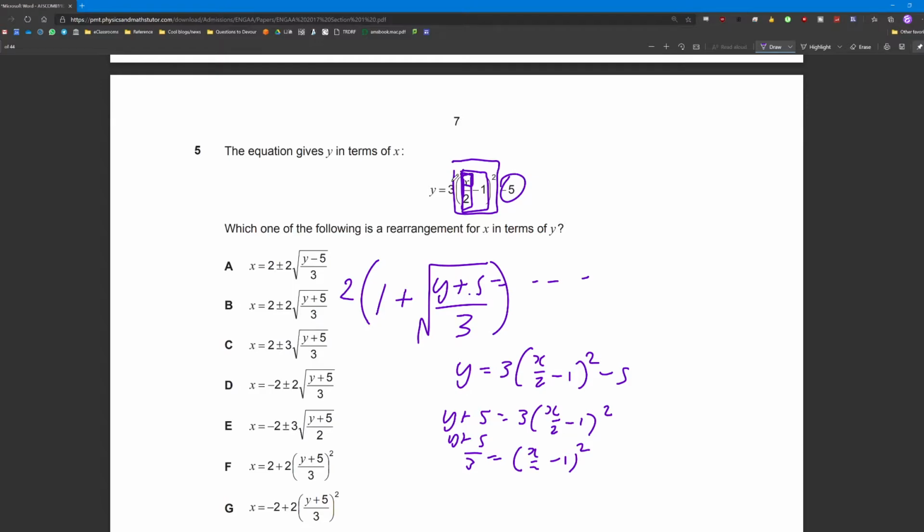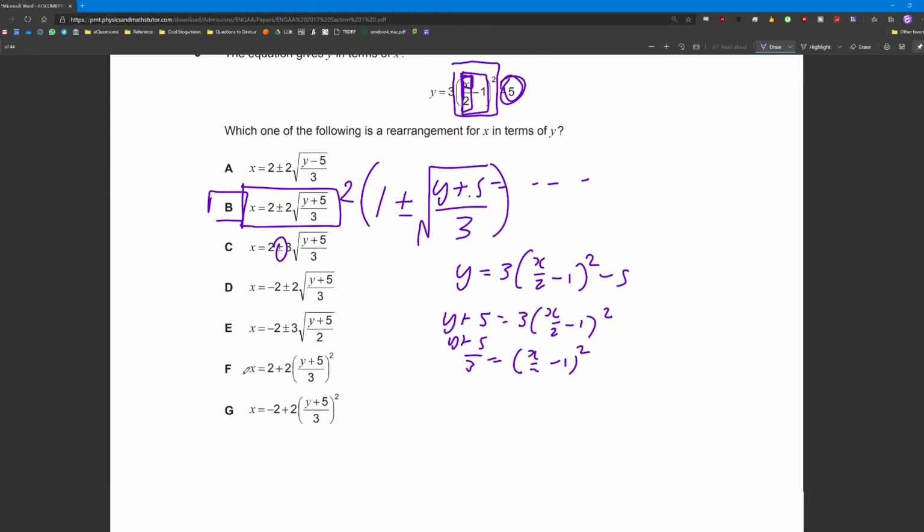Just keep in your mind a mental track of which element of the expression here you are removing until you get down to x, and then you see this 2 times 1 plus y plus 5 over 3. You see the plus or minus, you think, ah yeah, it must be plus or minus something. So helpfully the multiple choice questions have helped us remember that. And then it's 2 plus or minus root y plus 5 over 3, which is here, b.